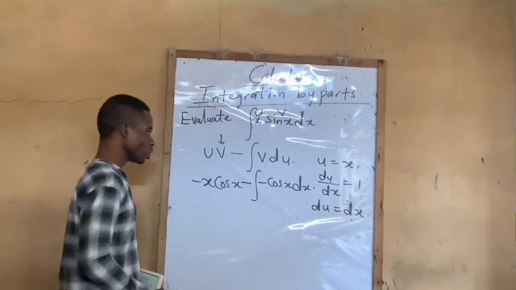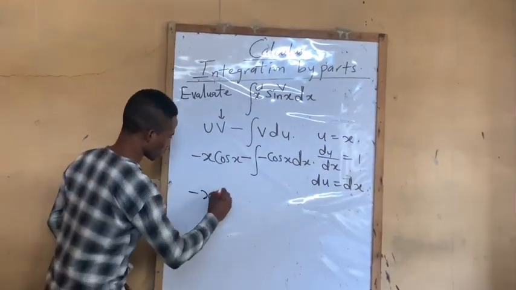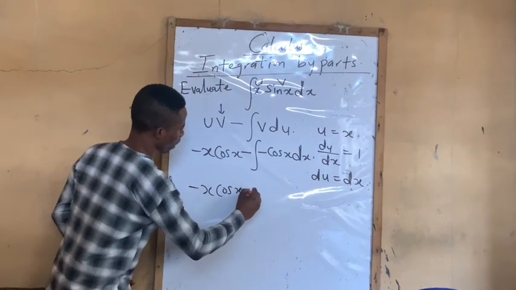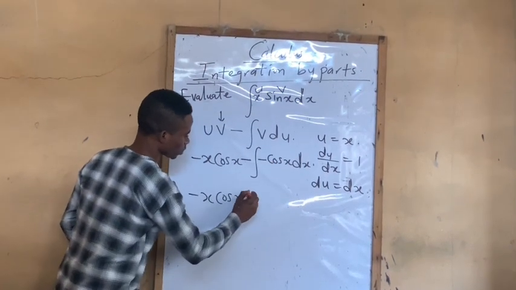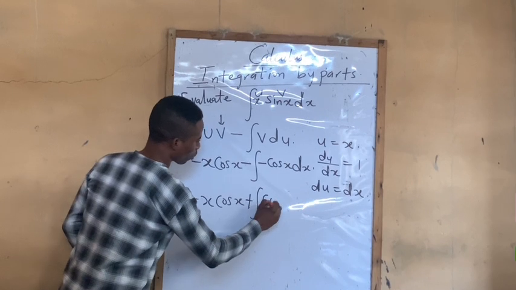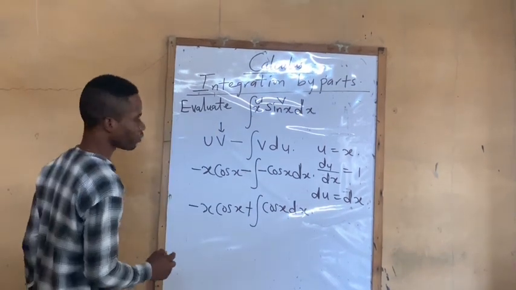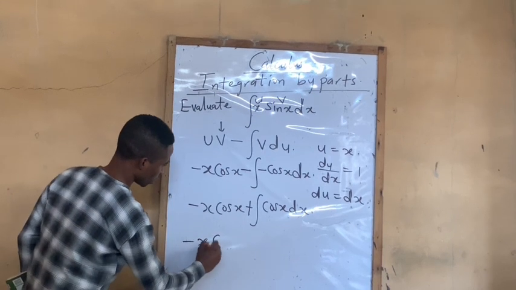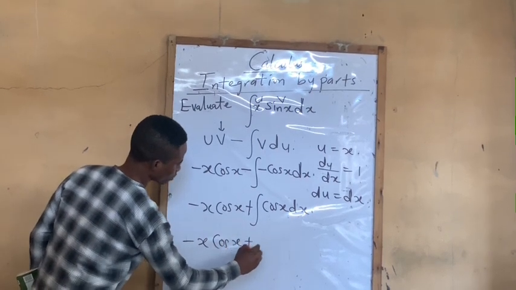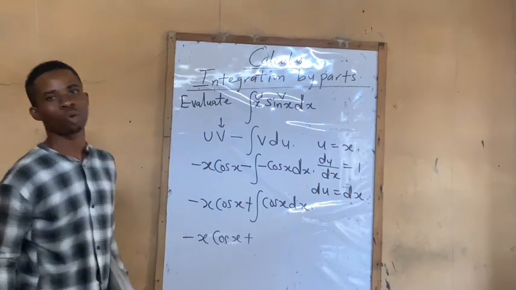Now, we have minus x cos x, minus times minus is plus, integral of cos x dx. So that means we are having minus x cos x plus. Now, what is the integral of cos x?